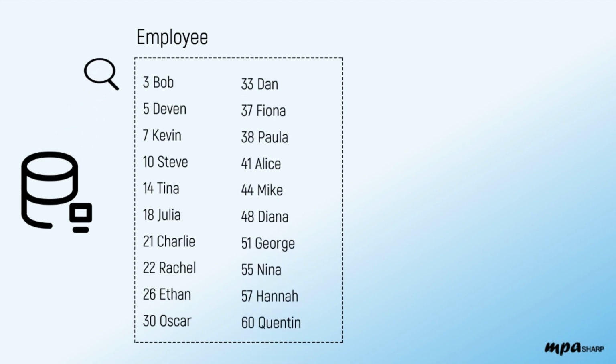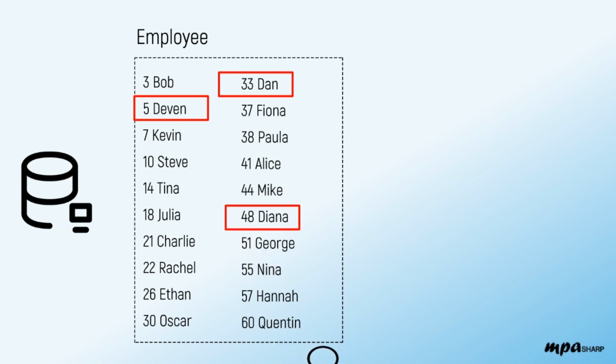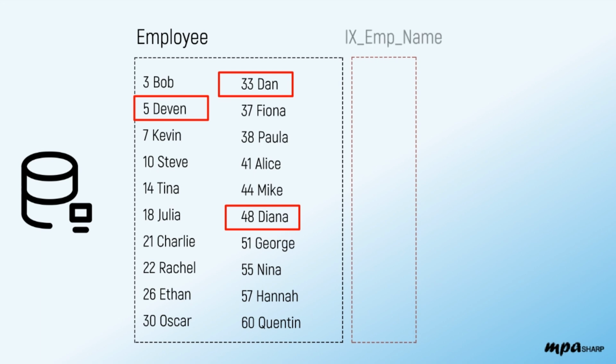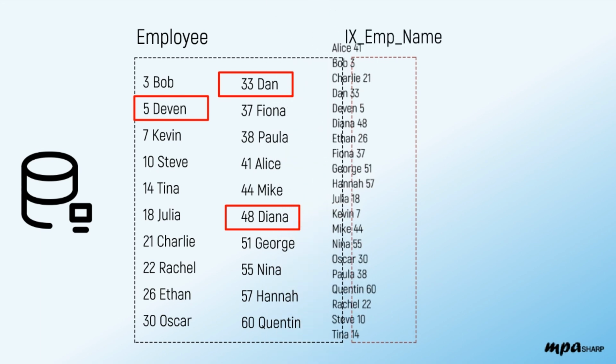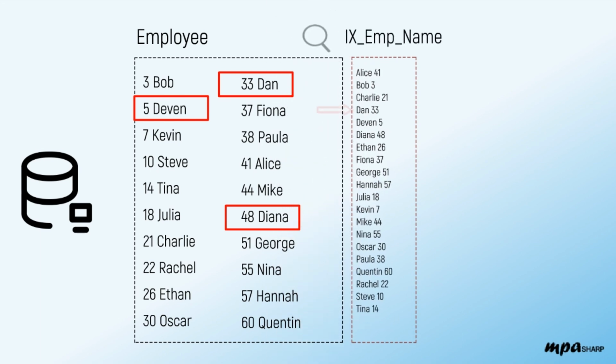If the employee table doesn't have an index like our book does, SQL Server will have to read the entire table to find employees with names starting with letter D. But if it had an index on the employee table, it could just read the index and jump straight to the employees it required, directly and present the result set quickly to the user.